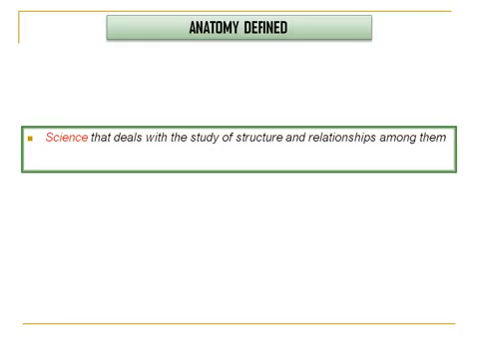That's why the study of interrelationship is also very much important. So in anatomy, we deal with the study of the structures and the interrelationship of the organs or structures present around that particular organ.